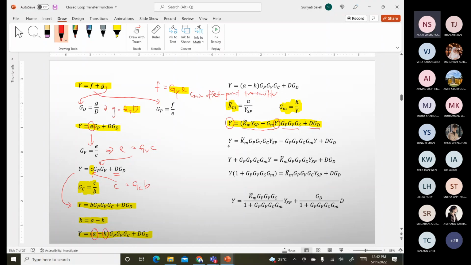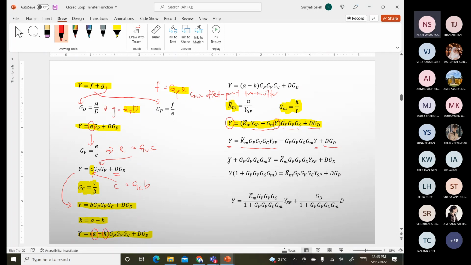So this gives Y equal to Km Gp Gv Gc Ysp minus Gp Gv Gc Gm Y plus D Gd. So you have Y on the left and the right hand side, you put it on the left hand side since it is the output variable.